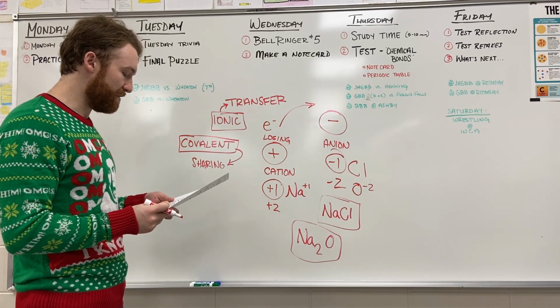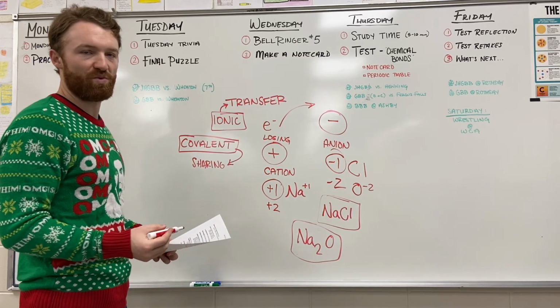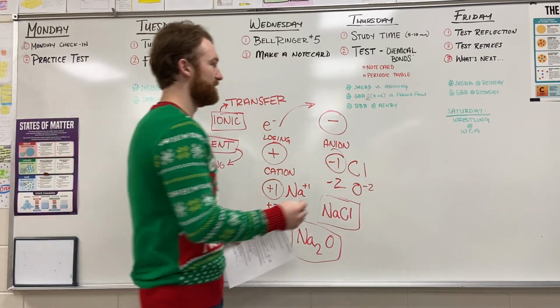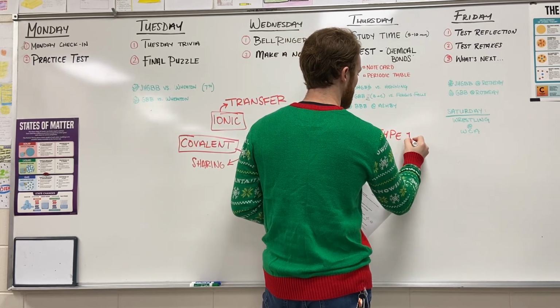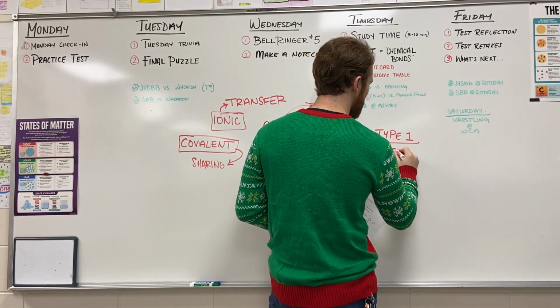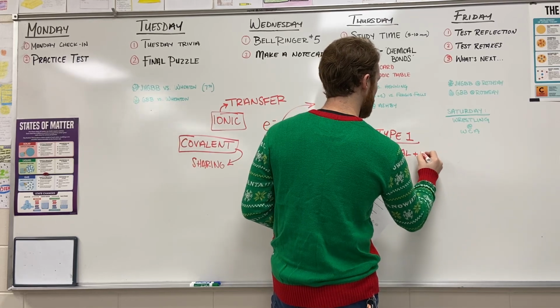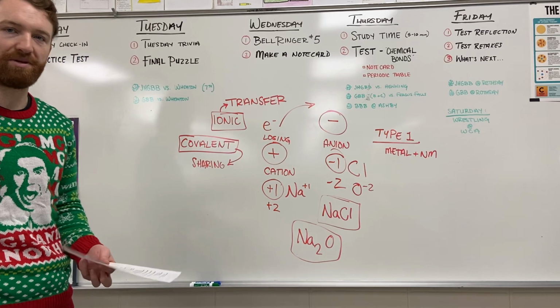Another thing we talked about were type 1 compounds. When we're naming type 1 compounds, we're always going to have a metal plus a non-metal. Okay, so type 1 was a metal plus a non-metal.